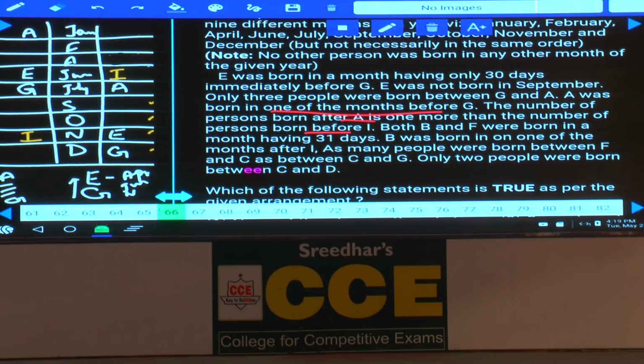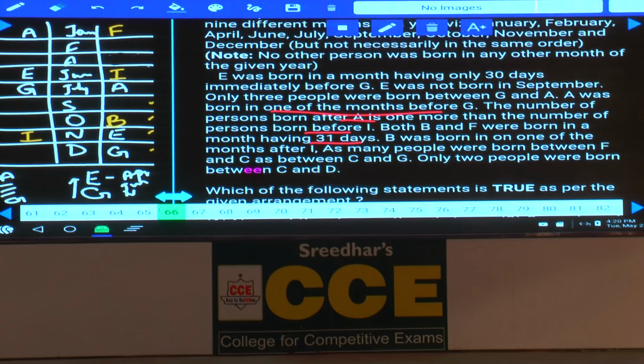Both B and F were born in the month having 31 days. That means in the first case B and F can be, one must be in the month of October and another one must be in the month of Jan. Clear? If B is here, then F will be here, and B was born in one of the months after I. As B was born in one of the months after I, this must be B and this must be F. Clear?